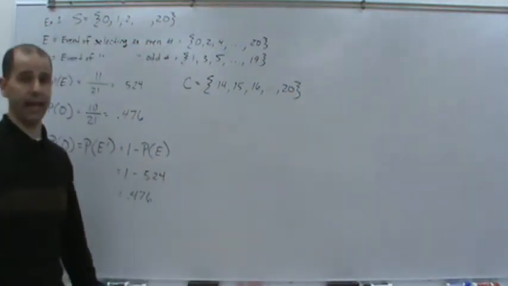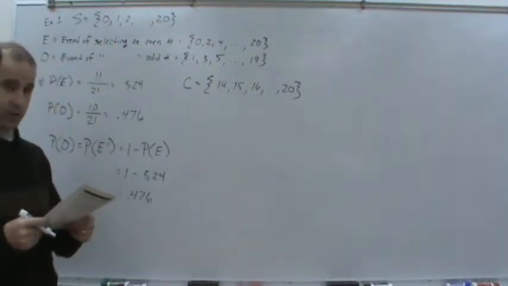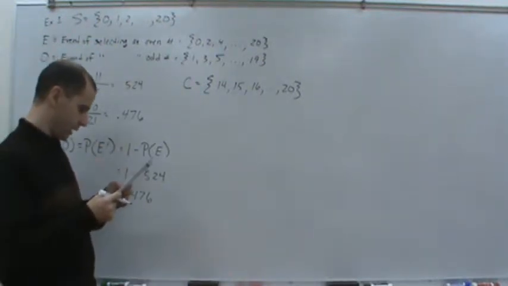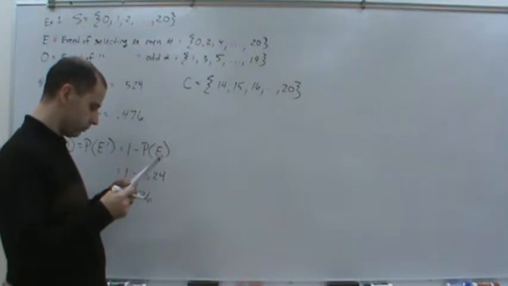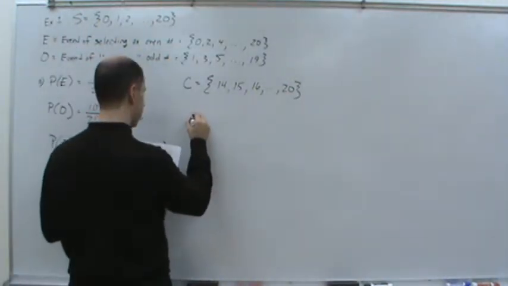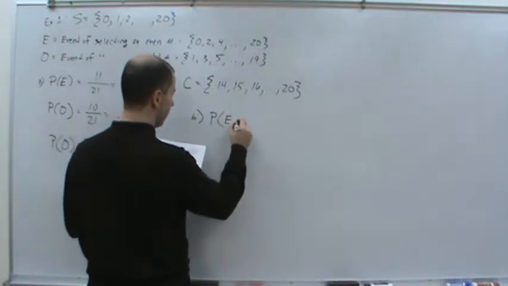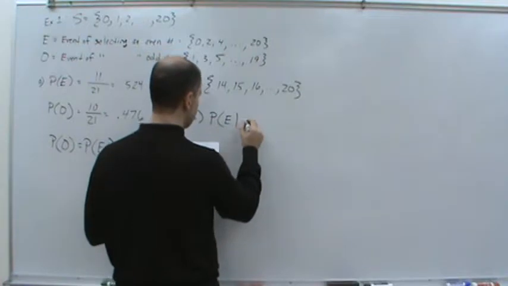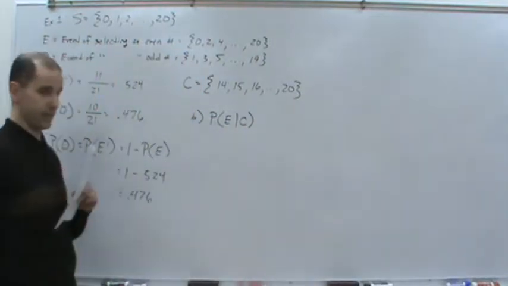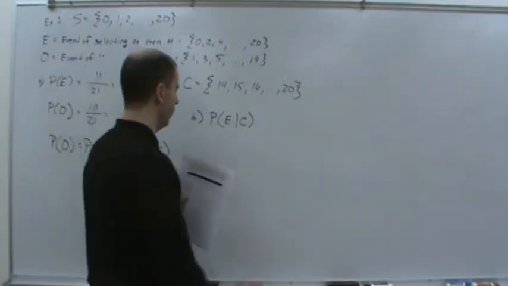So let's define an event C, and now let's use that to do conditional probability. Let's calculate for B. Let's calculate the probability of E given that C has occurred. Okay, let's figure out what that conditional probability is.